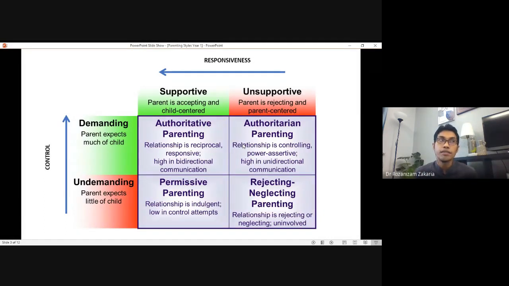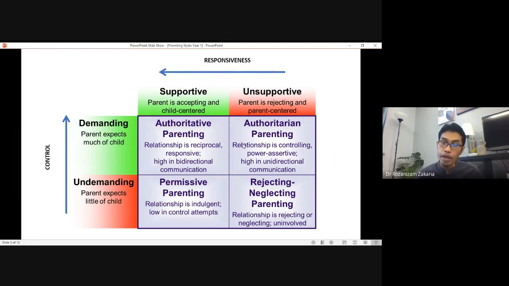And when the child, for example, makes trouble because they want a gadget, they will give it. So that means high responsive, low in control. If you look at the 4x4 table, that particular type of parenting falls under the permissive style. So low control, high responsive, permissive. Basically, parents are very indulgent, very responsive, but low in control.